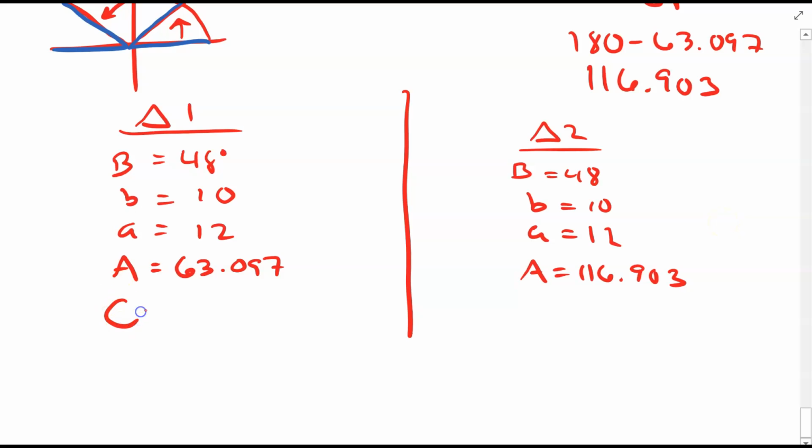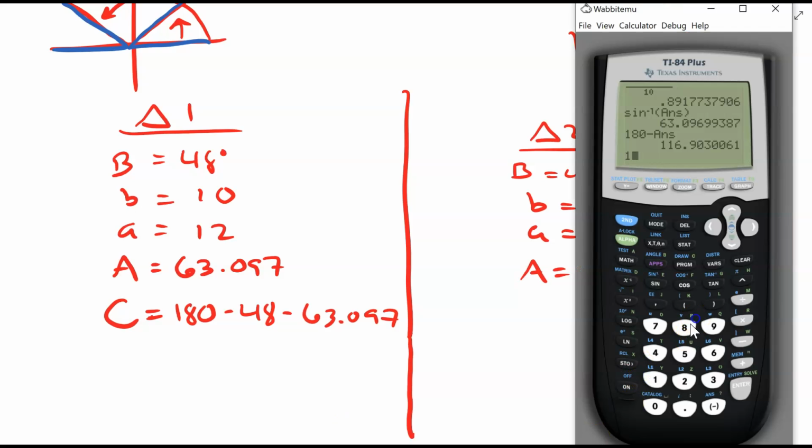So let's find angle C over on triangle 1. I can just do 180 minus the other ones. Everybody's okay there? So that's 68.903.